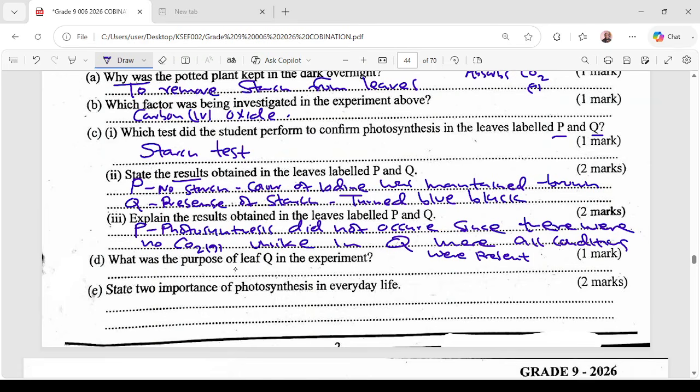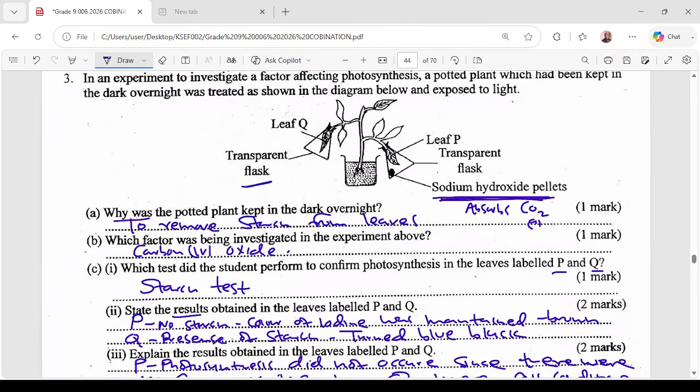What was the purpose of leaf Q in the experiment? What was the purpose? It serves as a control experiment. We call it a control experiment.